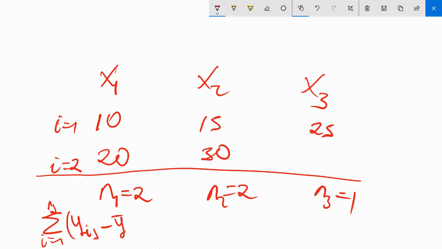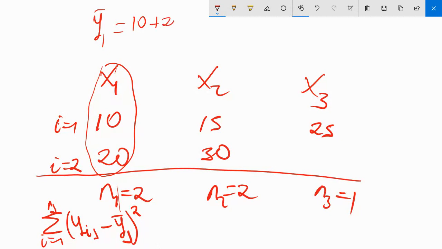It's yij minus y bar j, squared. If we're dealing with the first level, we're going to find the mean of this level, which is y bar 1. To get y bar 1, it's 10 plus 20 divided by 2, which gives us 15.